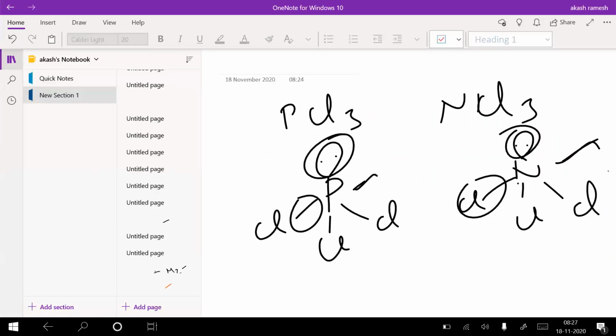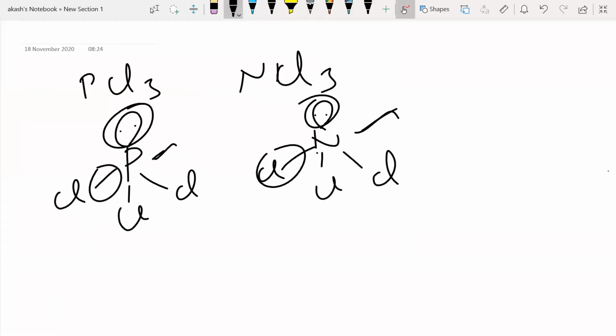In nitrogen, sir. Okay, now how do you say that? Like last time, you had chlorine and fluorine. Since chlorine was a little higher in size, the interaction was increasing. The interaction between these two was increasing. Now the same I can say with this also. Phosphorus is a little bigger, so the electron cloud will be bigger, so the interactions are more probable here.